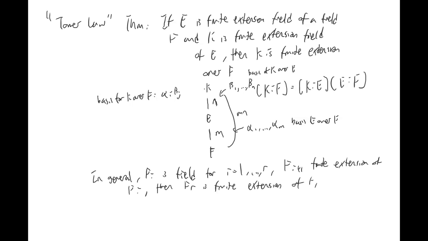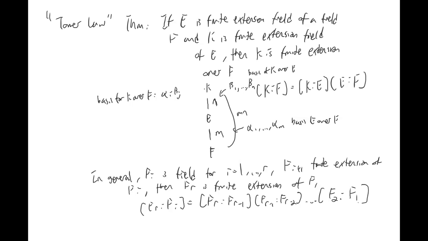It's just tower law over and over. So Fr over F1 equals Fr over Fr minus 1, times Fr minus 1 over Fr minus 2, all the way to F2 over F1, and then they keep canceling.